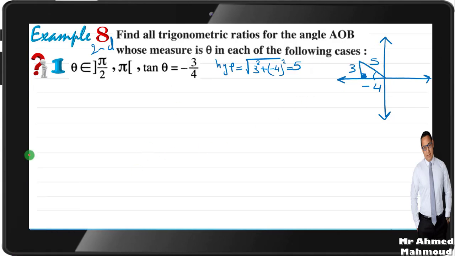Now sine theta is opposite over hypotenuse, equals 3 over 5. Cosec theta equals 5 over 3.